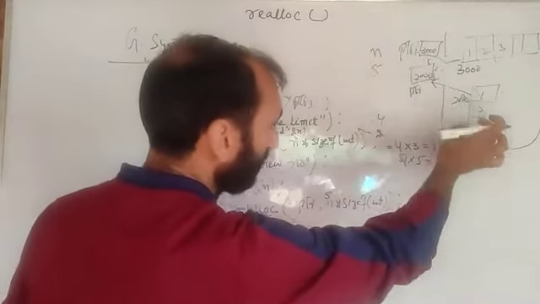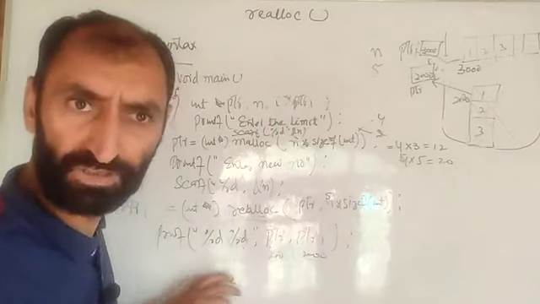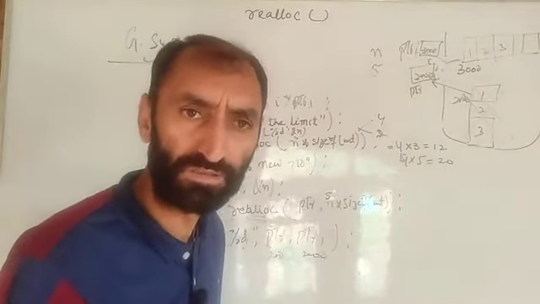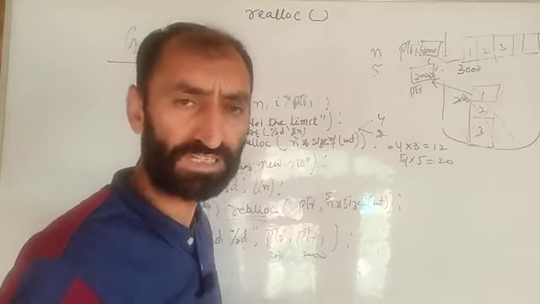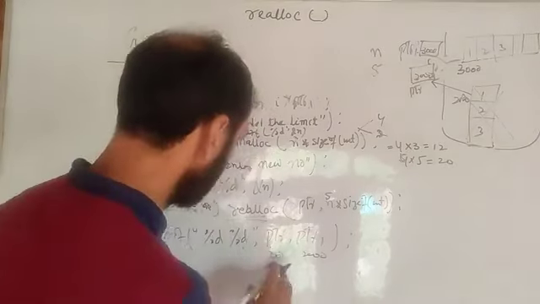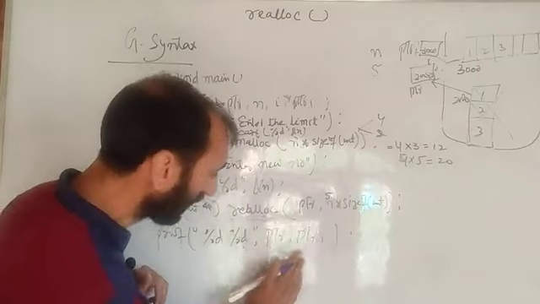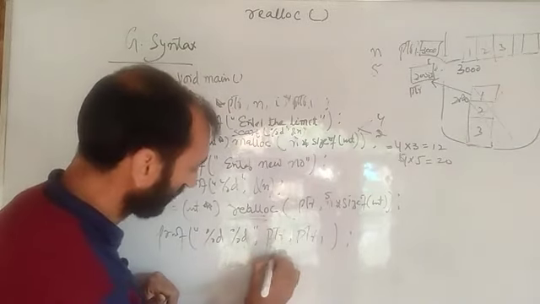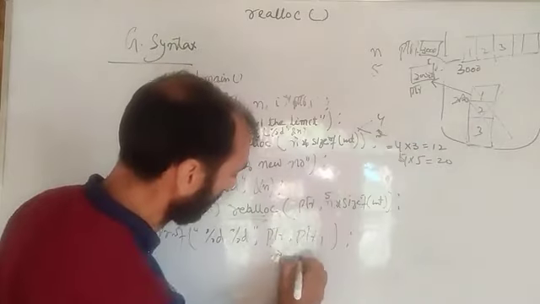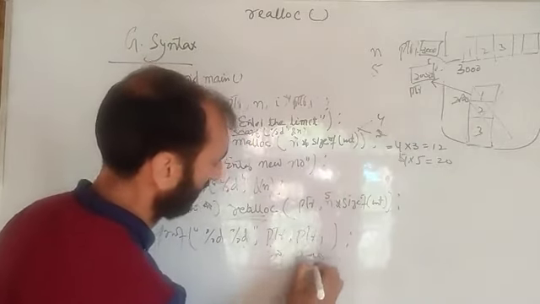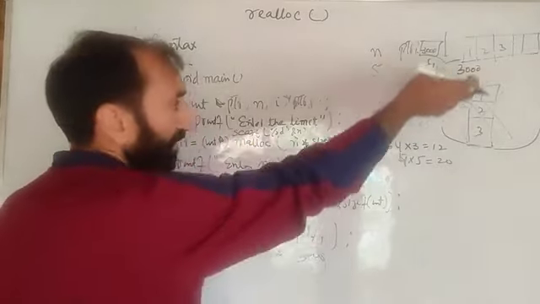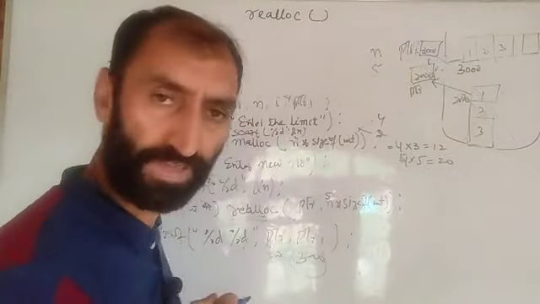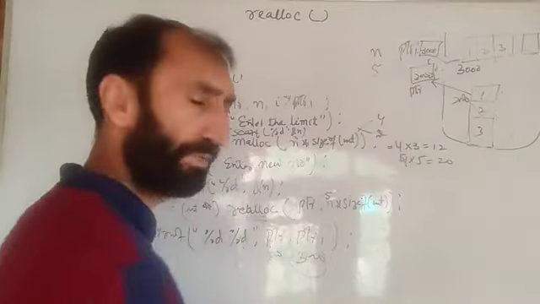Both ptr and ptr1 will contain the same address. That means it has modified the previously allocated memory and increased that memory. But if it has allocated a new block of memory, then the first pointer will contain the previous address 2000 and the second pointer ptr1 will contain 3000. That means it has allocated new memory. We can check that by using this printf line.